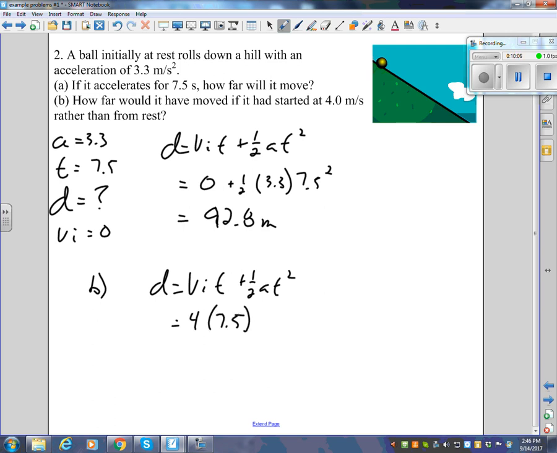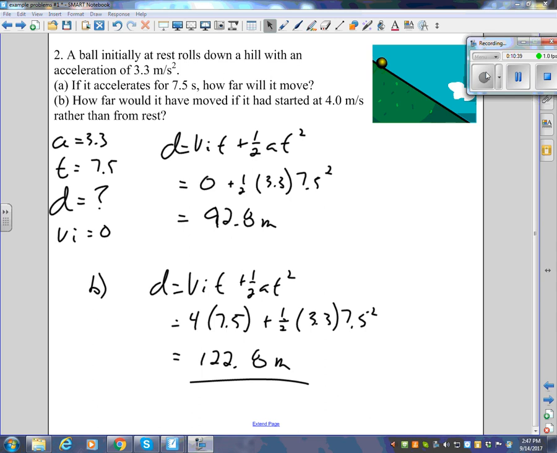Make sure you don't square the first t. Is that good? Pretty straightforward, right? Nothing unusual. We're just getting going here.